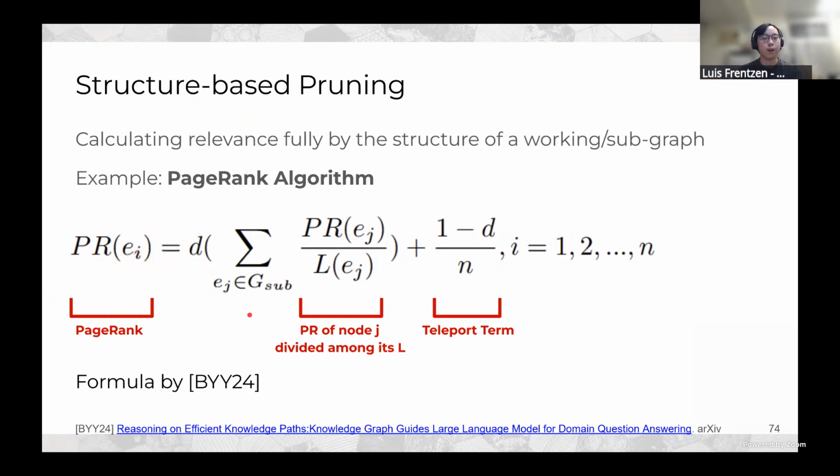For every node, you consider the nodes that are neighboring your node. If you are neighboring important nodes, their importance score is distributed to you. This is the sum over every other node, divided by the links going out of that node, so you distribute the importance of a node evenly towards its many outgoing nodes. And then there's also the teleport term.